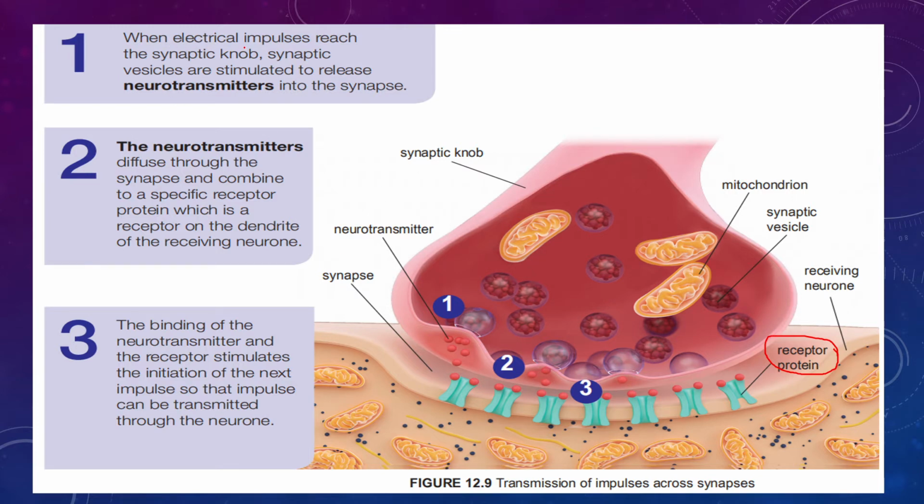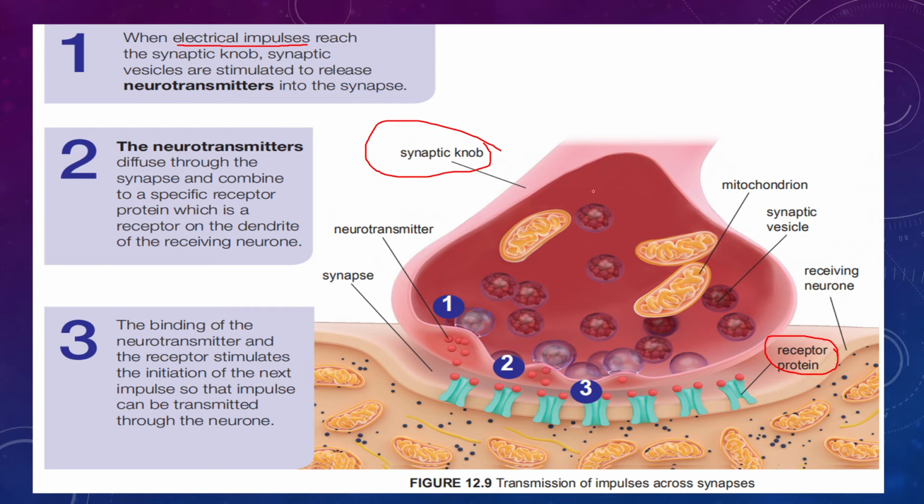So when electrical impulses reach the synaptic knob, you have to start with this. Electrical impulses dulu yang akan sampai kepada this area called the synaptic knob. This place has got a lot of these synaptic vesicles.